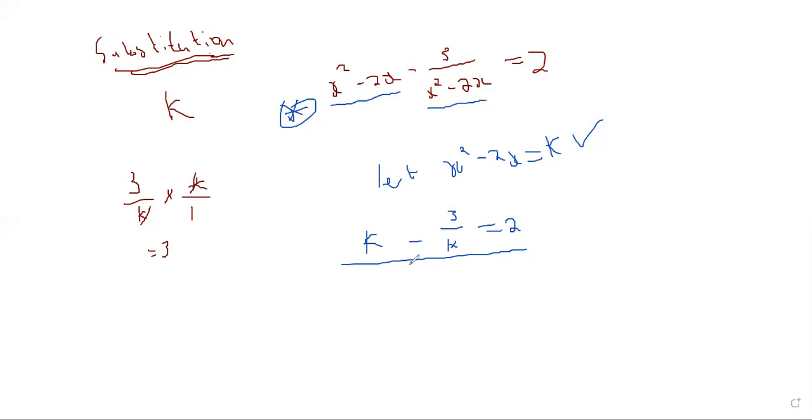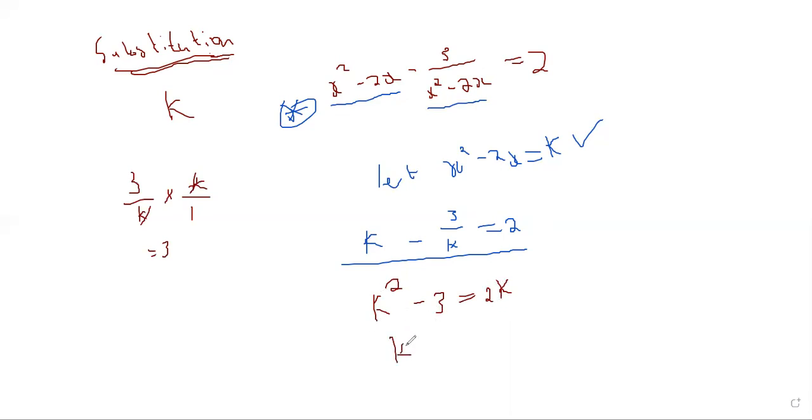Obviously, what you're doing on the left-hand side, you must do on the right-hand side. So when we multiply by k on this side, we must also multiply by k on the right-hand side. So it will be k squared minus 3, and if we multiply that 2 by k, it will be 2k. Then we write this in standard form.